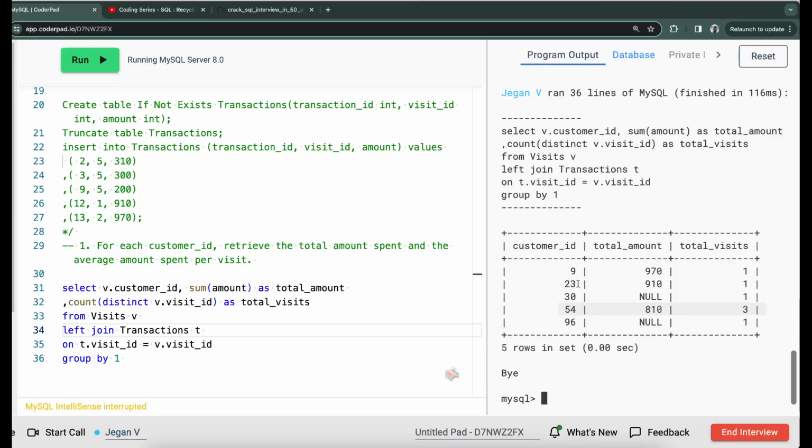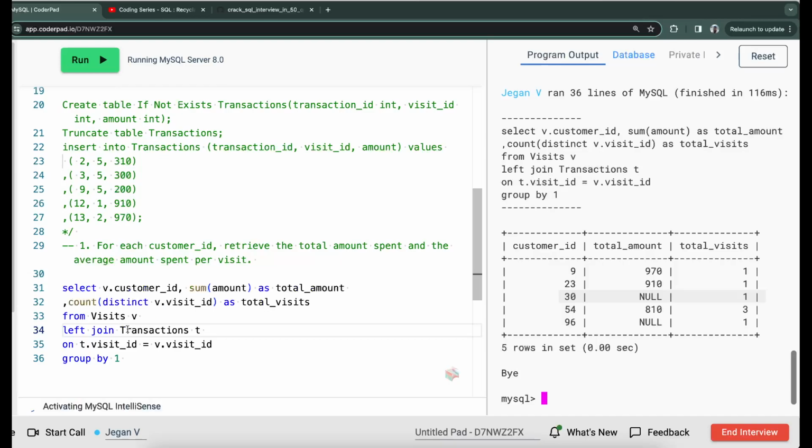So other customers have 1 transaction. But if you see this customer got no transactions at all, right? So those customers have visited the theme park, but there is no transaction for those customers.